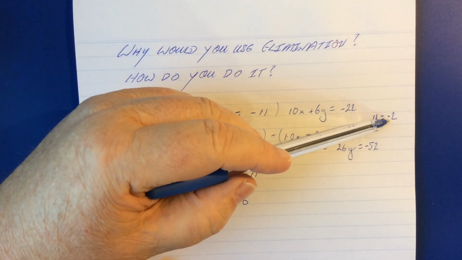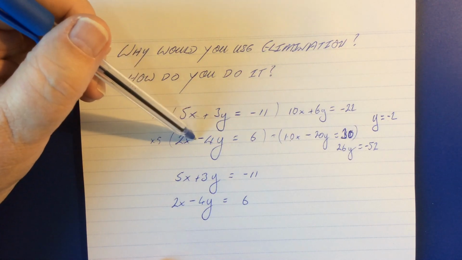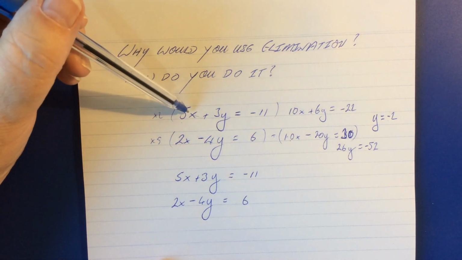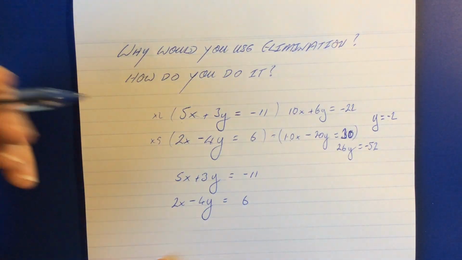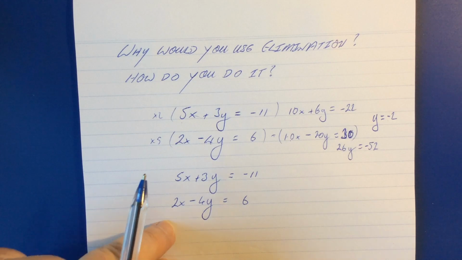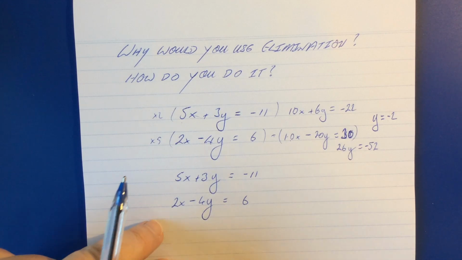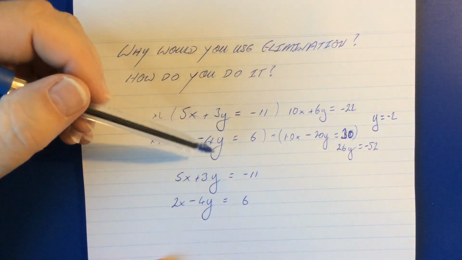You would then substitute negative 2 into one or other of these equations for y, and you would be able to solve for x. Now, what I'm going to do down here is solve for the other variable that's missing. So, what does that mean?